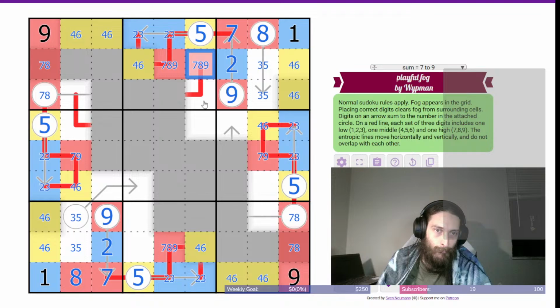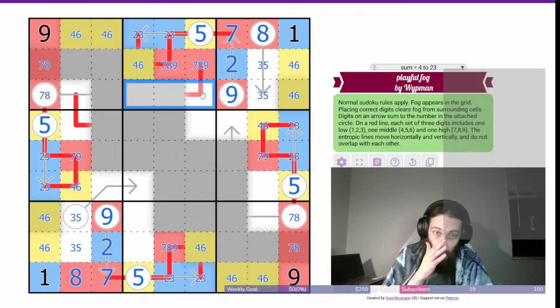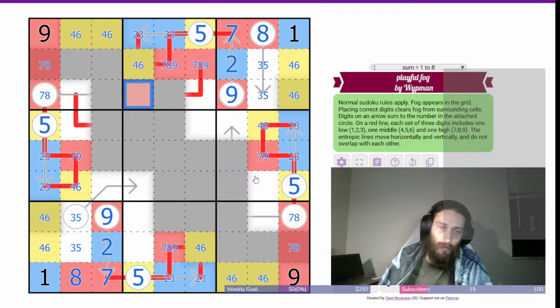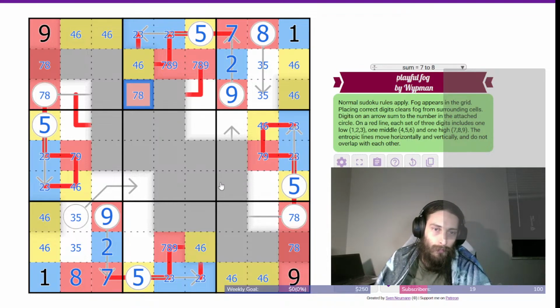Well, I think I was starting to say, in box 3, it can't be either of those because they're all not red. Well, red can't be either of these two, so this one is a 7 or 8.